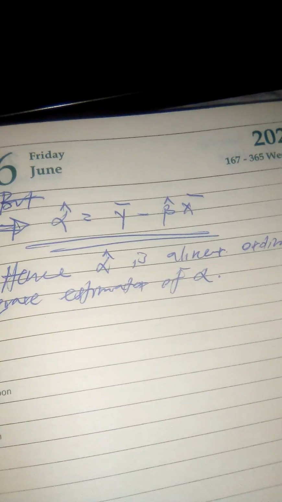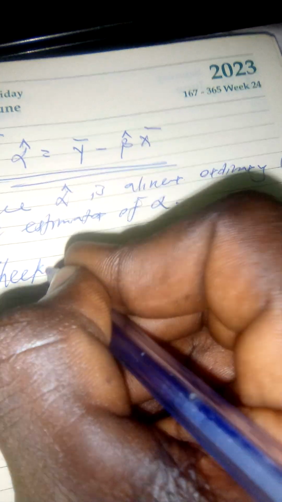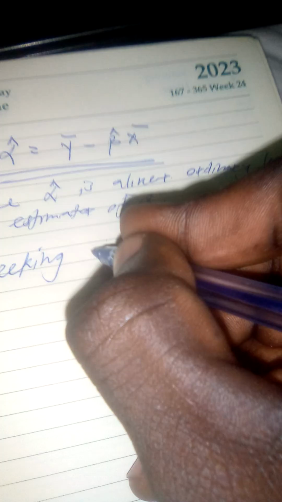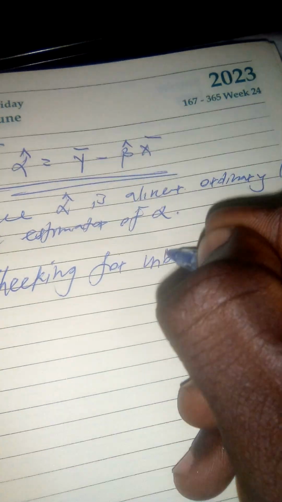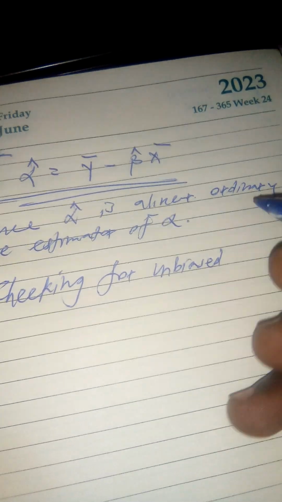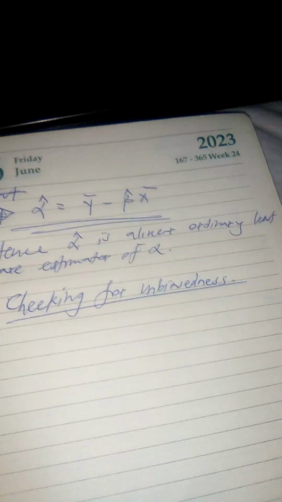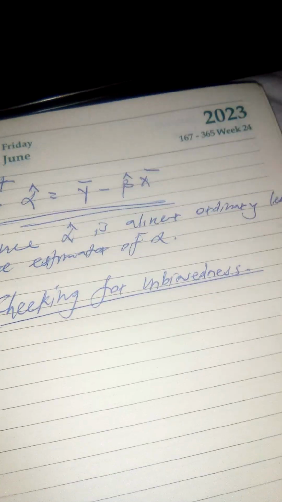So let's go to unbiasedness. Now we are going to check whether alpha hat as our estimator is unbiased. So let's check and see whether it is unbiased.